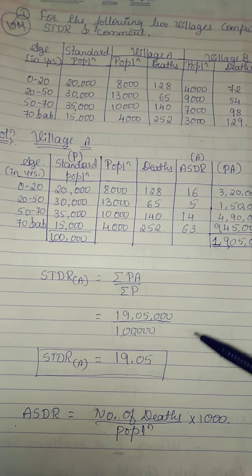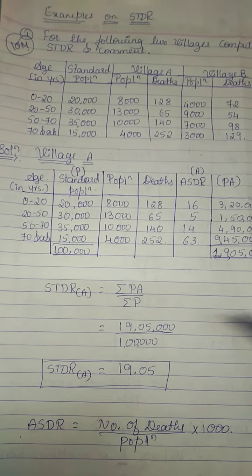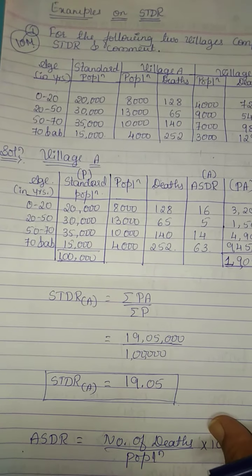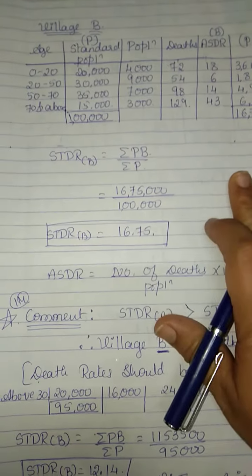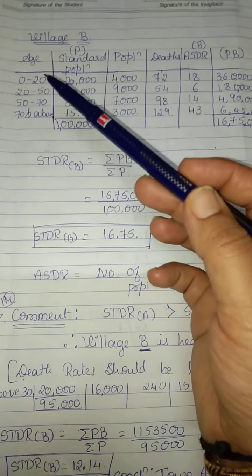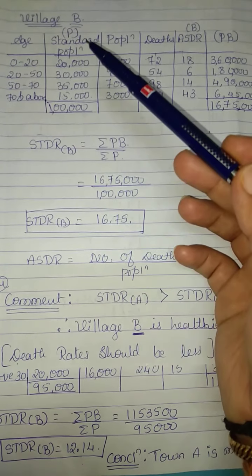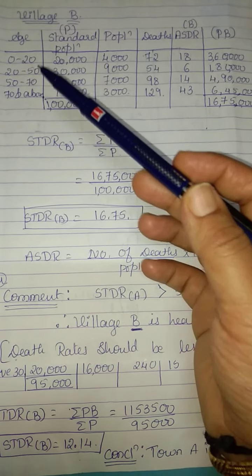So what next? It is village B. We are supposed to find out STDR for village B. So here, village B, again age group, standard population. Same thing I have written here.